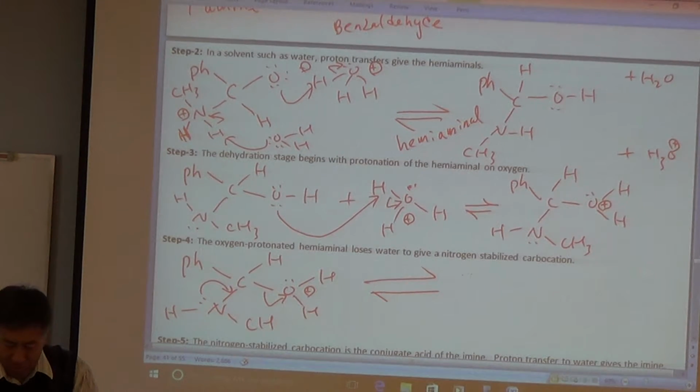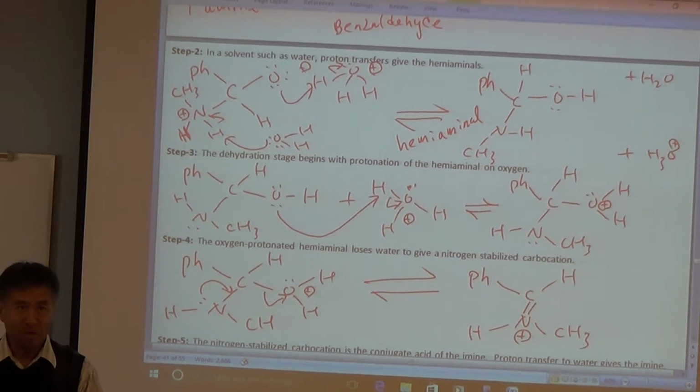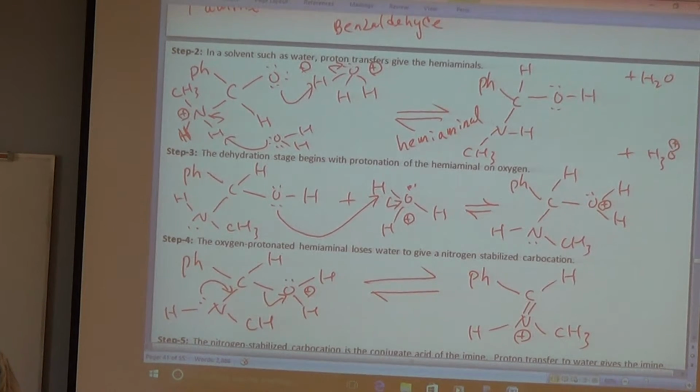So again, you're almost there. The last step, your N becomes positively charged. Right? So now you have this N and CH3 and H. It's almost like an imine. The imine will have the carbon nitrogen double bond.